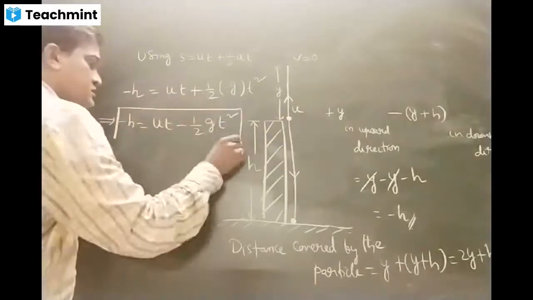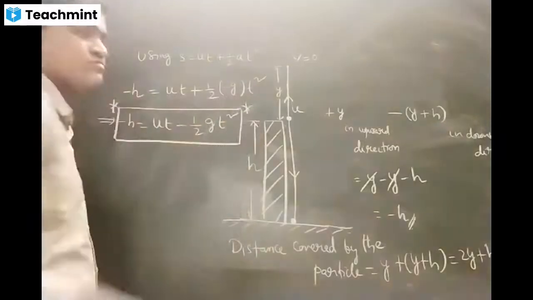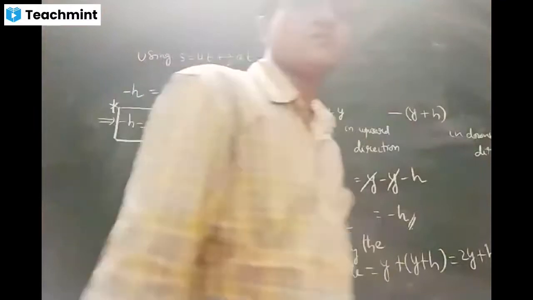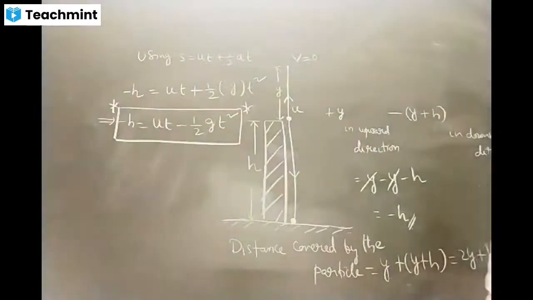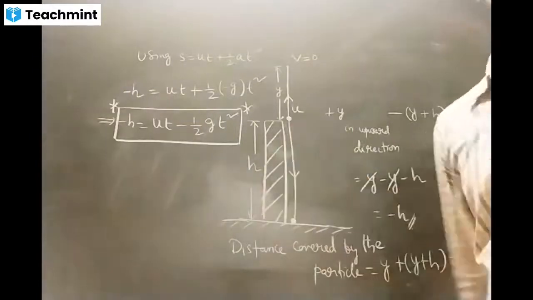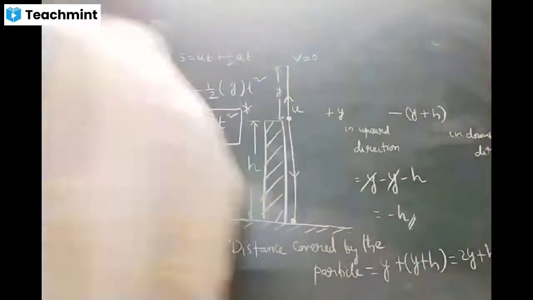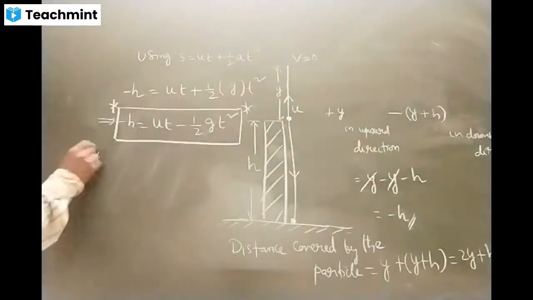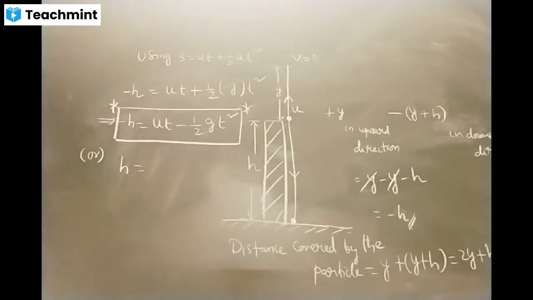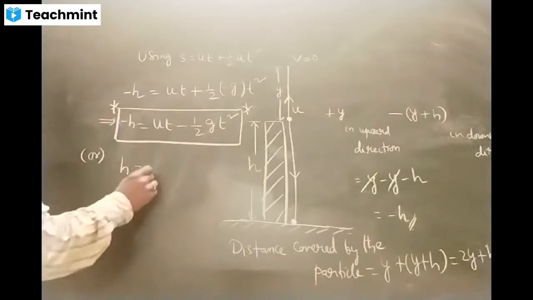Remember this equation, a very, very important equation. You have to use this equation of motion when a particle or body is thrown vertically upwards from the top of a tower. Or can I use this one? H is equal to minus ut plus half gt square.